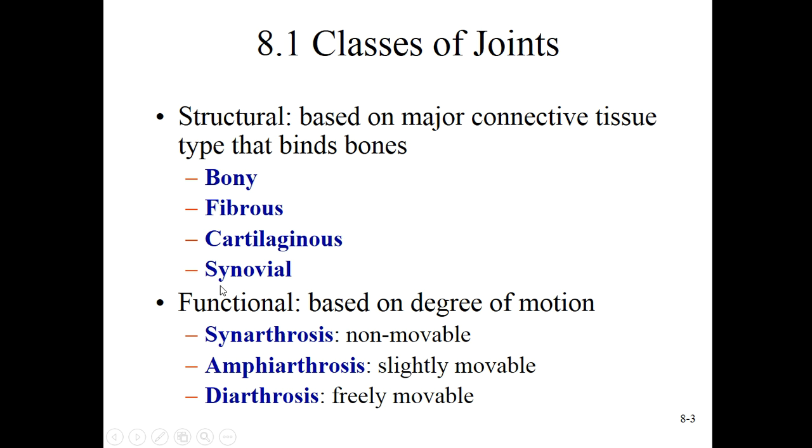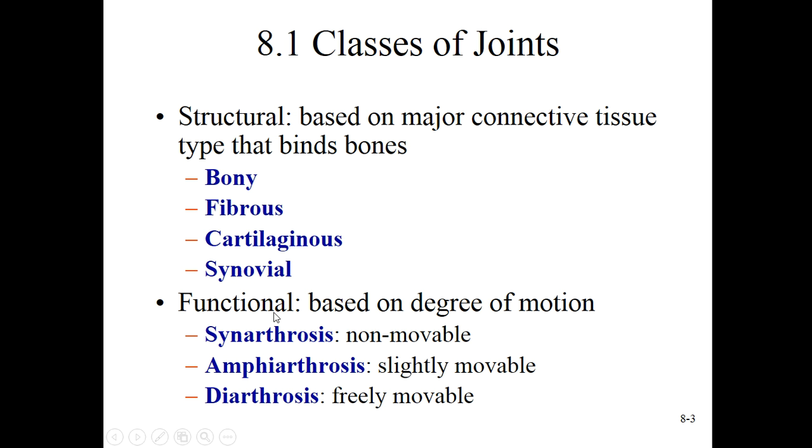Synovial joints have a synovial membrane and a space between the bones filled with synovial fluid that gives this classification its name, and these are the common joints that you think about: knuckles, wrists, elbows, shoulders and hips and knees and toes, things like that.